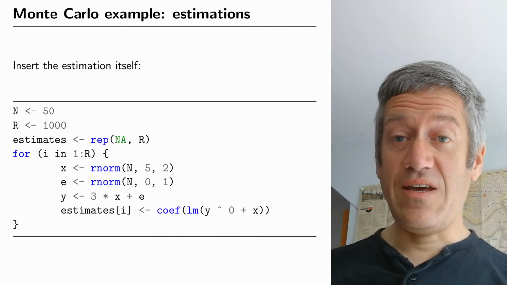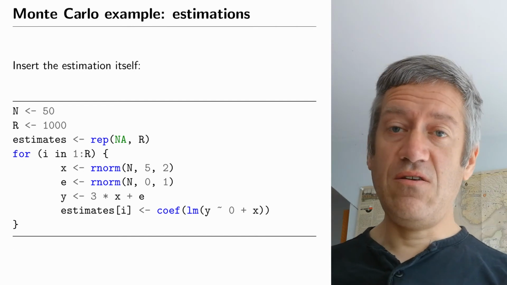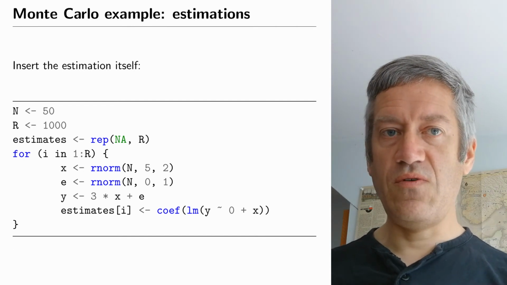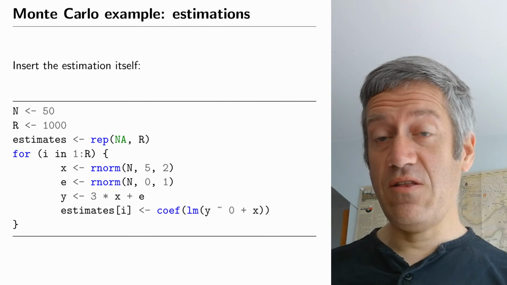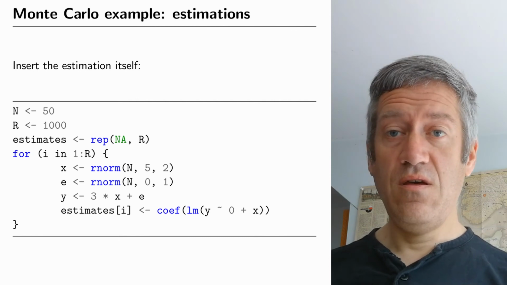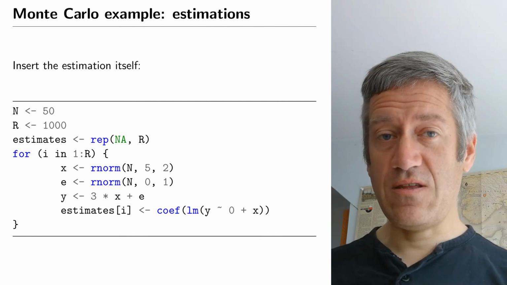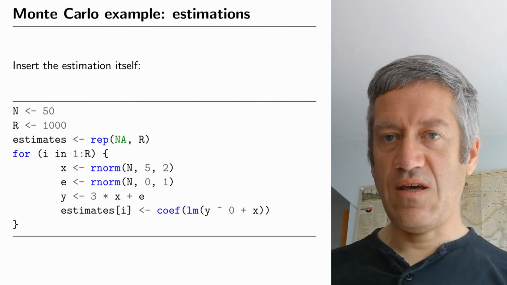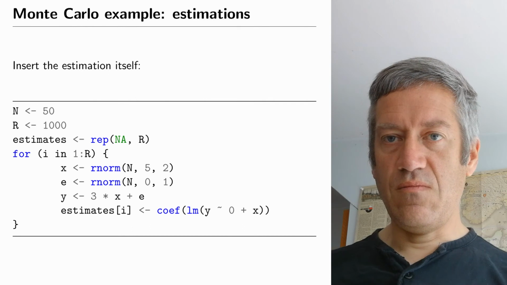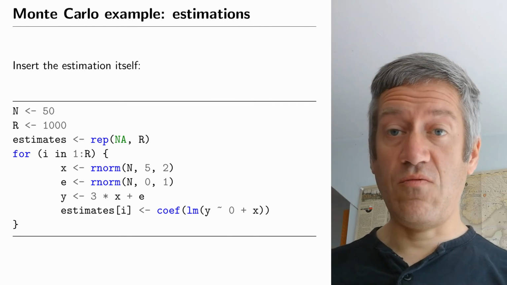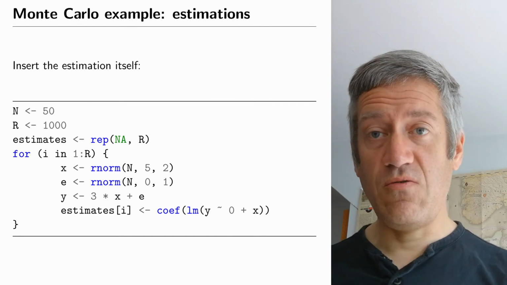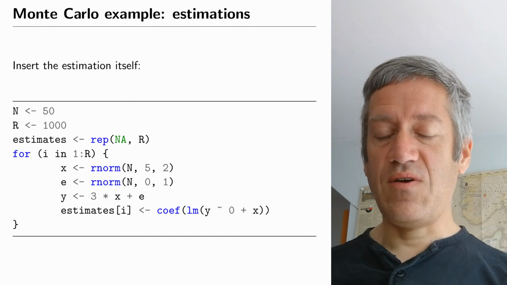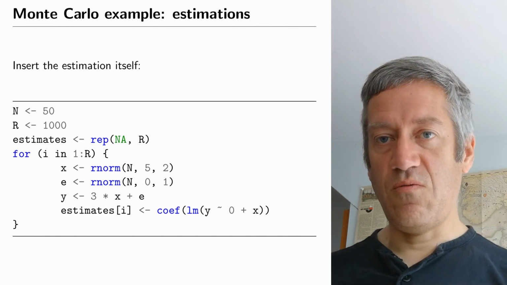So we simply add the estimation, and we then also need to save, of course, the results. So with the lm command we can estimate the coefficients. With the coef command we can extract these coefficients, and then we save them in this estimates vector. So in this case we already assume that the intercept is 0, we only estimate the beta, and then we get lots of estimates for the slope coefficient.